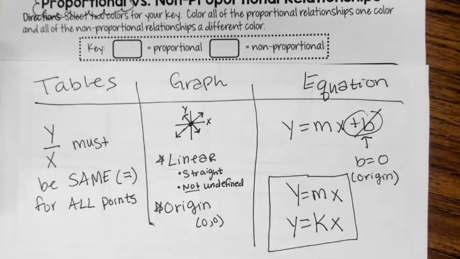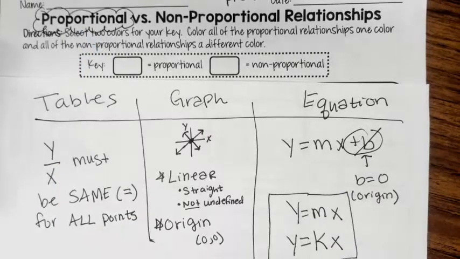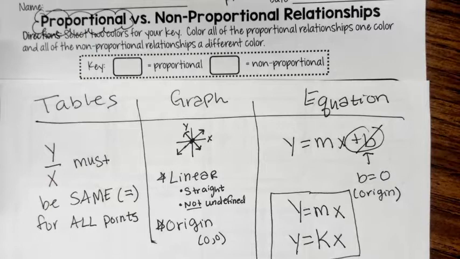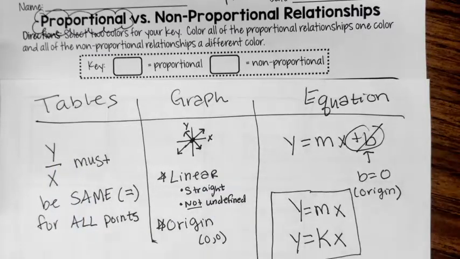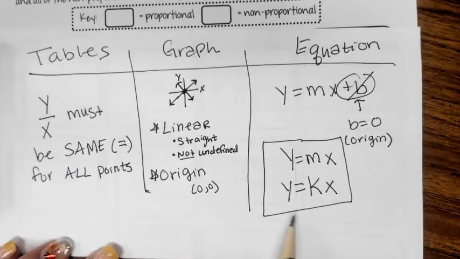In 6th and 7th grade, you guys defined proportional as a ratio that was equal, or as ratios that were equal. If all of the ratios were equal, it was proportional. The ratio we're talking about is y over x. That's just the slope.